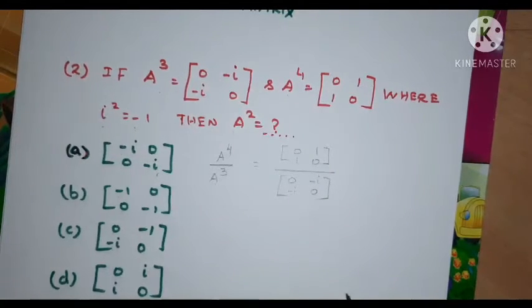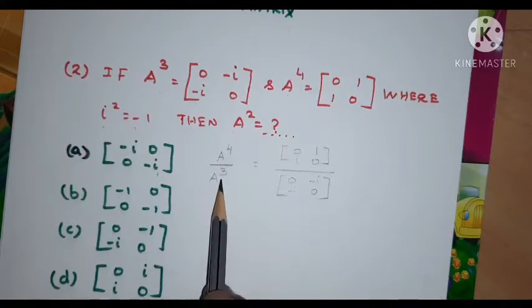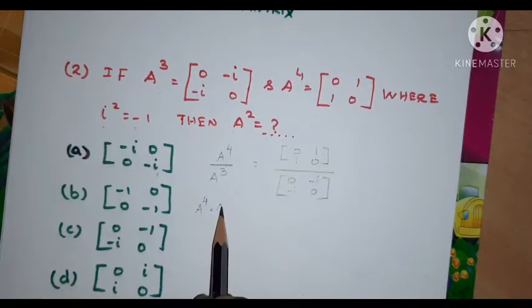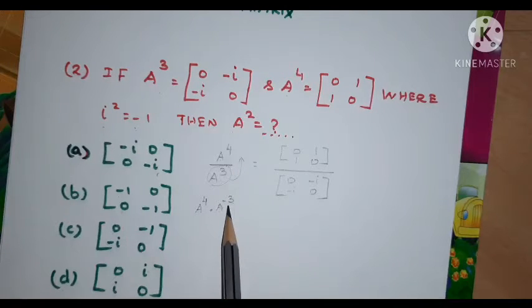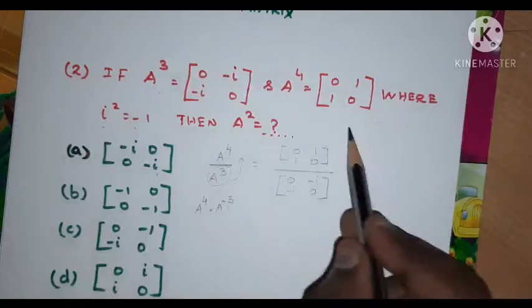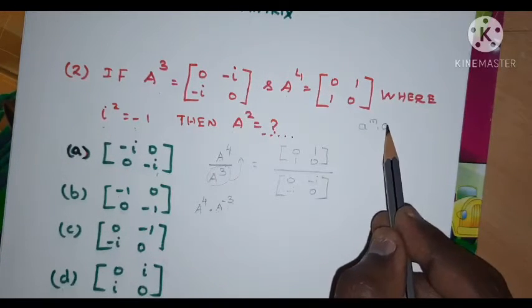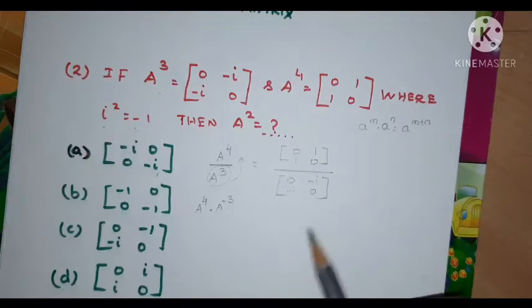Am I right? Fine. Now look at the left hand side. A power 4 divided by A power 3 is A power 4 into A power minus 3. When A power 3 comes to the numerator, it becomes A power minus 3. Then we can apply the indices law that A power m into A power n is equal to A power m plus n.